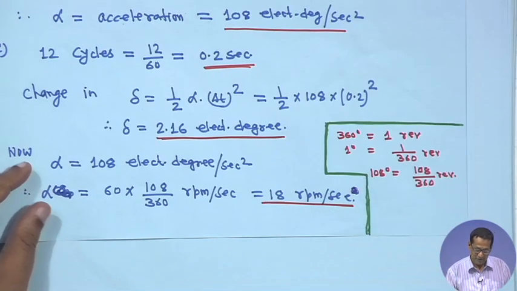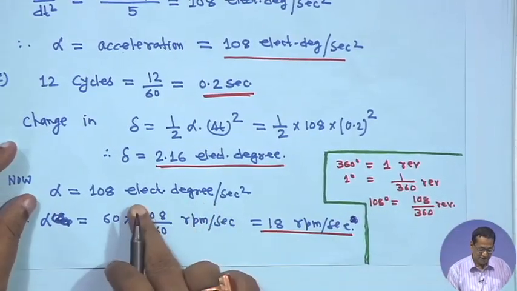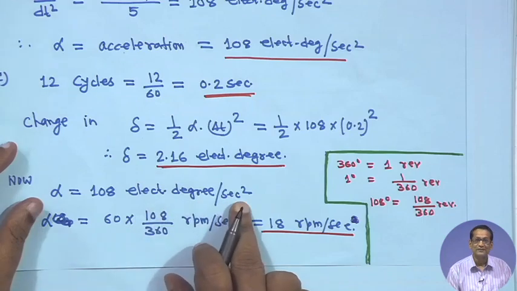But from where do we get this RPM per second? It is given as 108 electrical degree per second square.